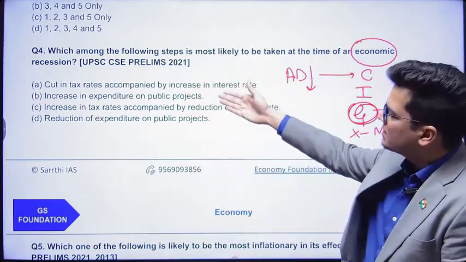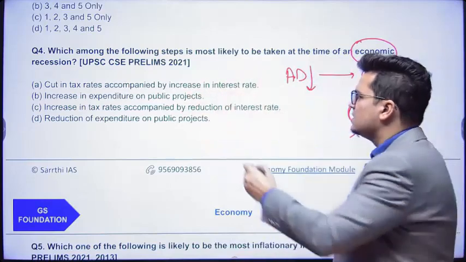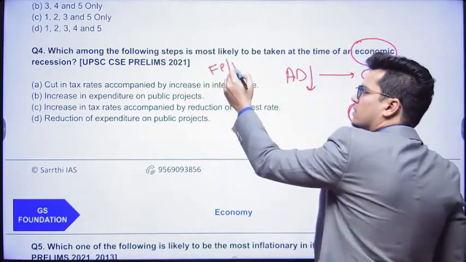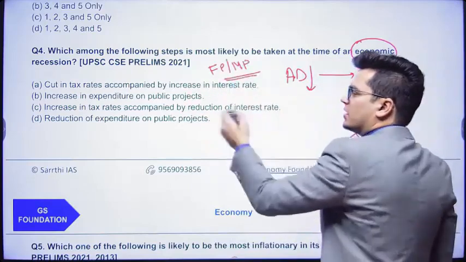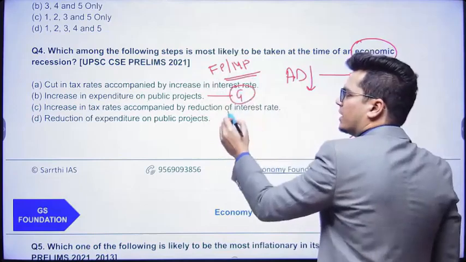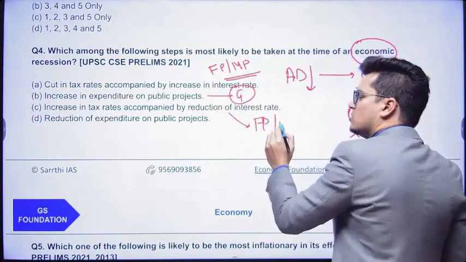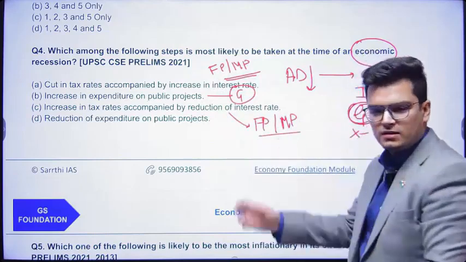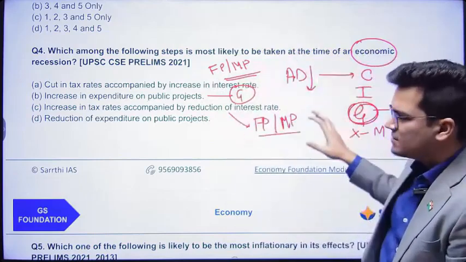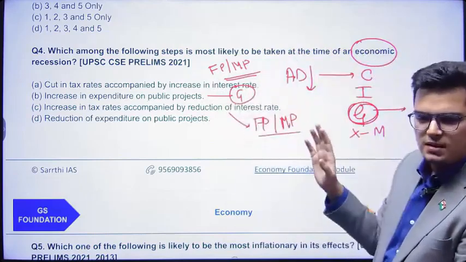So, cut in tax rate, increase in interest rate. So, this is fiscal policy, monetary policy. क्या करना चाहिए recession के time पे? Government spending को क्या करना चाहिए? Again, fiscal policy, monetary policy. So, same linkage that we were studying, that same linkage has been asked here. We have solved this question. Answer is B, but just to get an idea.